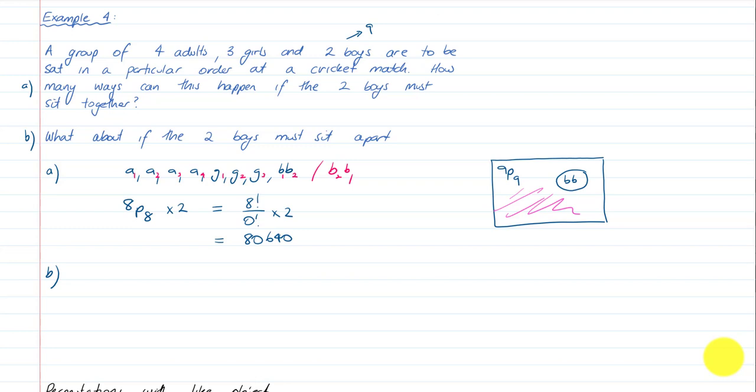So you can always solve a problem by considering, if I can't solve the actual problem, can I work out all the not parts?